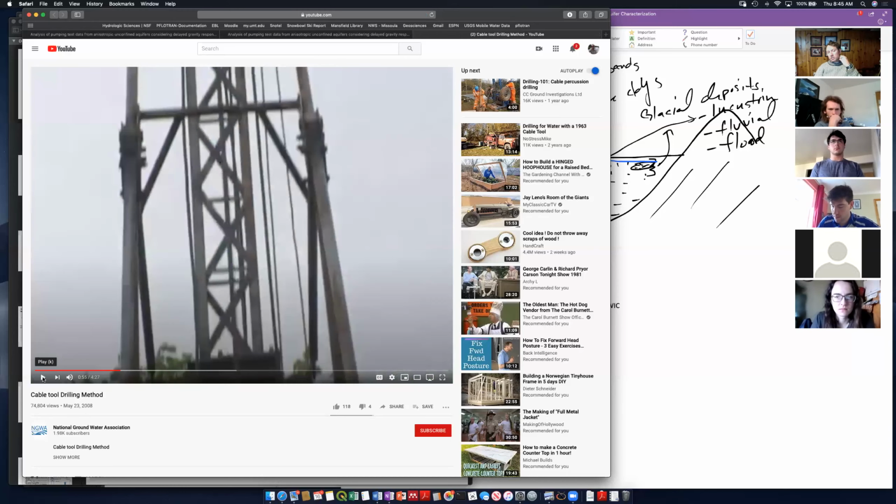Okay, so I want to stop here real quick. One of the things that he said that's really important here, he said sort of what materials this drilling method is useful for, right? So soft rock and not real deep. So one of the first things that we do when we think about how we're going to put a well in is we think about, well, what kind of rock are we in? How deep do we need to go?